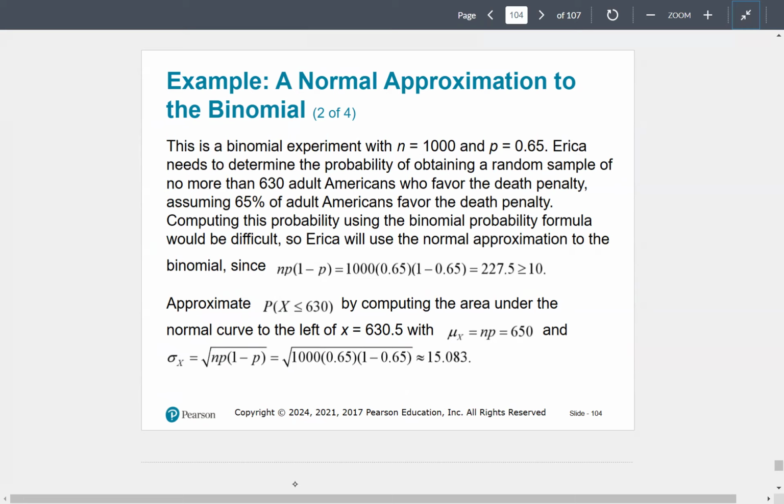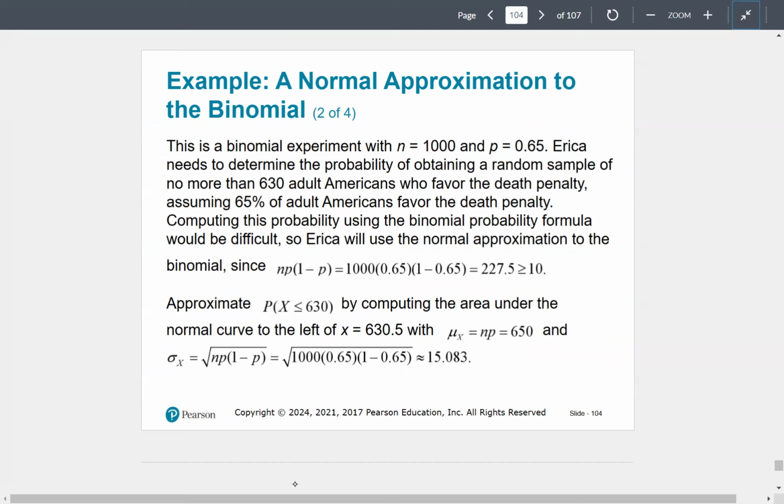And we need to find the probability that no more than 630 adults favor the death penalty. And 65% we're calling a success is favoring the death penalty. We won't argue that, it's just as written. So we want the probability that 630 or fewer have this opinion.